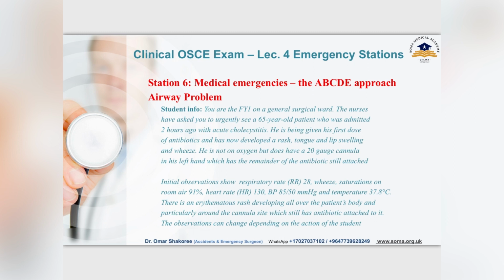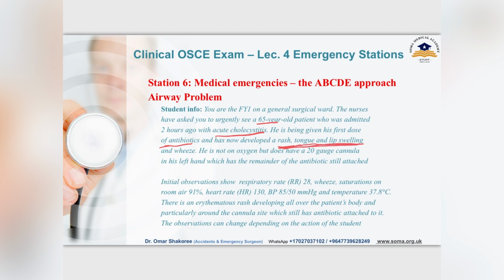You are the first doctor in a general surgical ward, and the nurse asks you to see a 65-year-old patient admitted 2 hours ago with acute cholecystitis. He is being given antibiotic and now develops a rash, tongue and lip swelling.